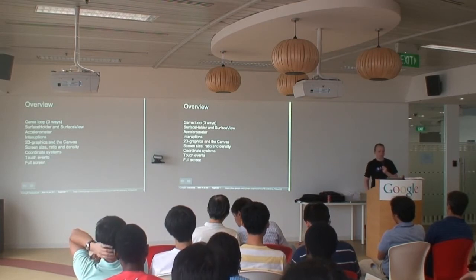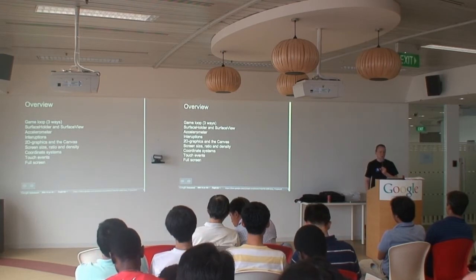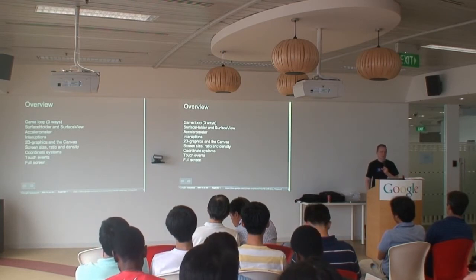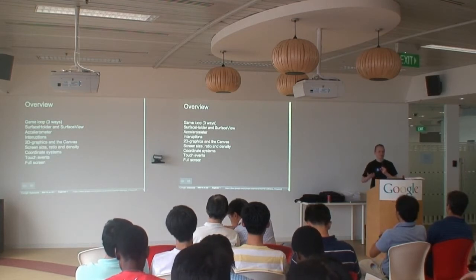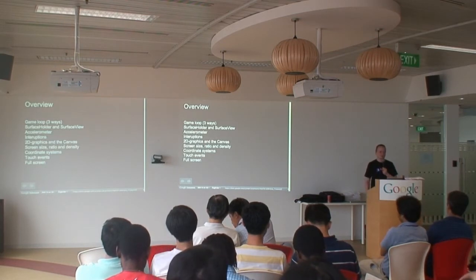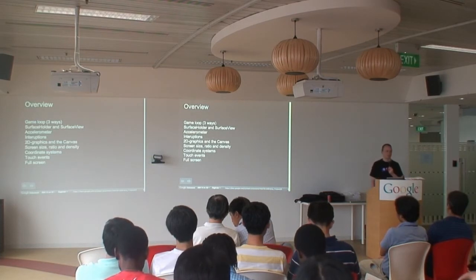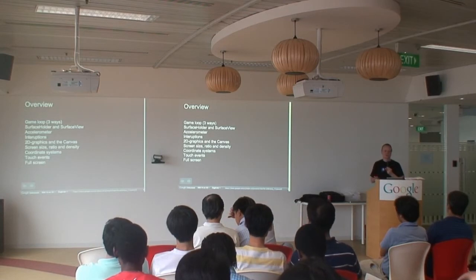Then a short look at the accelerometer and how you use that one. How we handle interruptions in the phone. This is something special for game development on the phone, that you never know when suddenly the phone rings. You have to take care of that, make sure that the game doesn't crash or make something unexpected. And when the phone call ends, you should be able to continue playing the game.